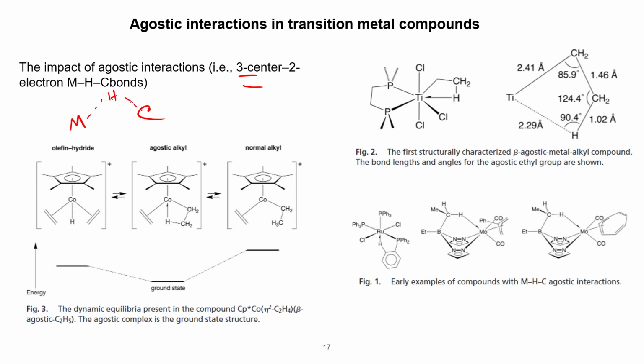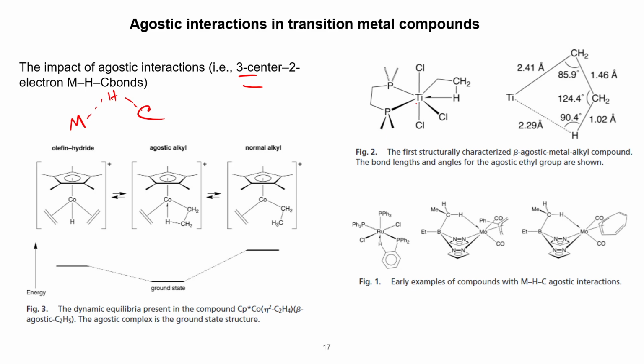So this three center two electron bond obviously is the feature for this particular thing. So here are some of the examples of this. These are some of the first structurally characterized beta agostic metal alkyl compounds, and the bond lengths and bond angles are shown like this way.